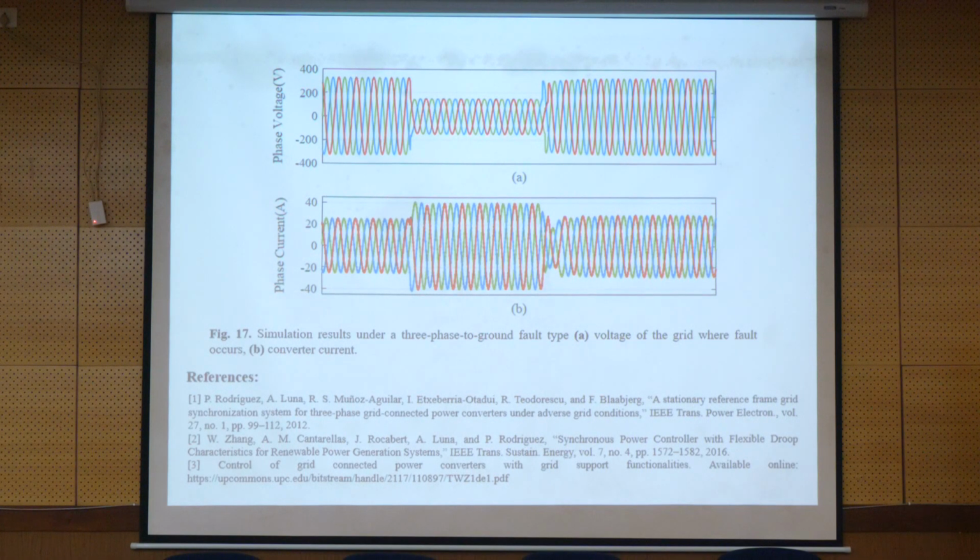So if you compare the conventional grid and the future grid, for sure the future grid is weaker, and the dynamic operation of this type of system is much faster. So they have a problem with the dynamic stability of the system.